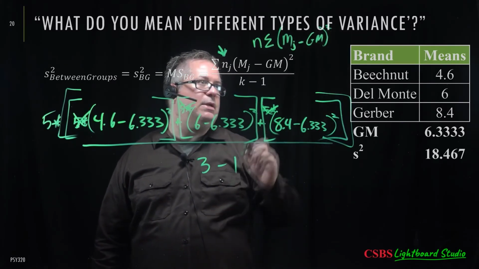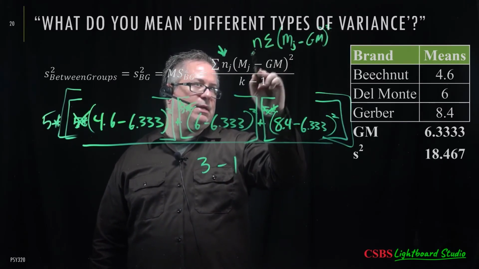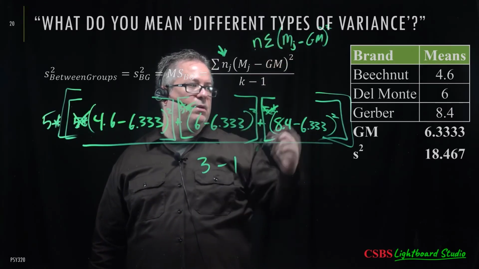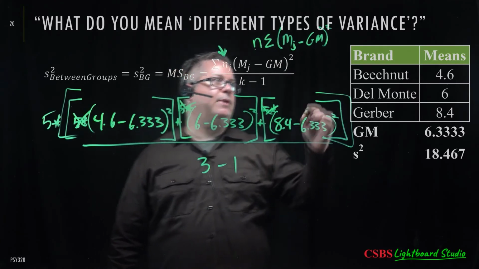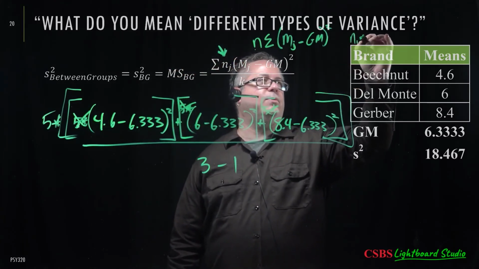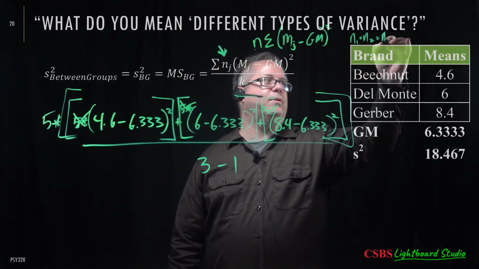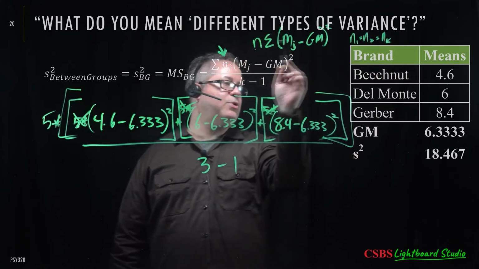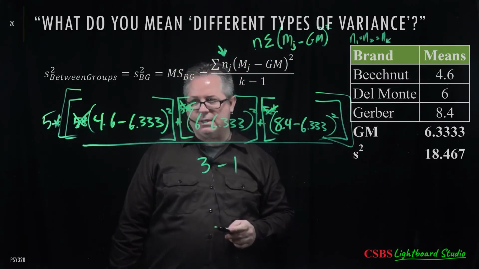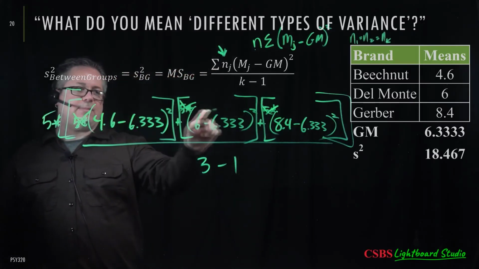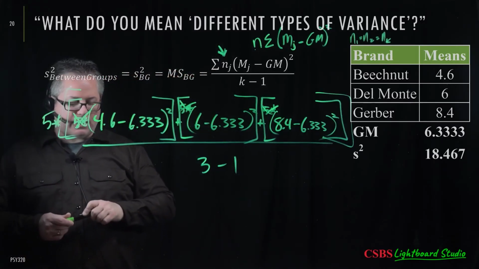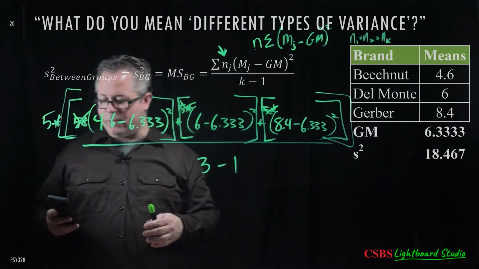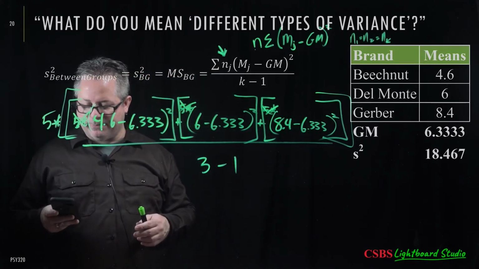So the n now just gets factored outside, but this only happens if n1 equals n2 equals nk, however many groups you have. If that's true, then you can do this, and I'll talk more about that in a second. But for now, we can take 5 times each one, and that will work as well. Or you can add them all up and take, actually, let's do it both ways. You can see that they're both the same.